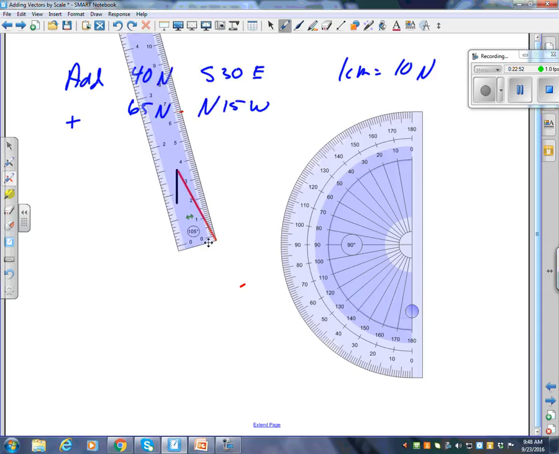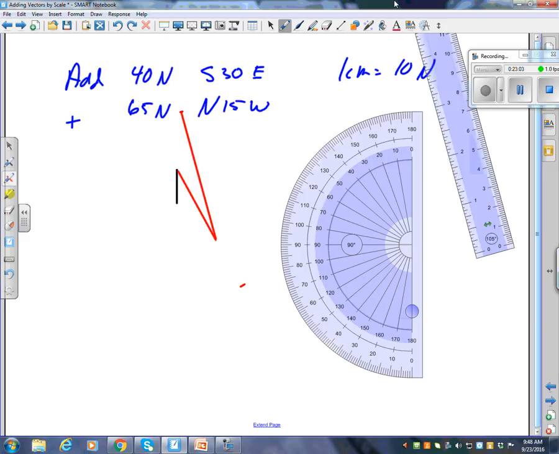From there, and I'm going to go 65, right? 6.5 to there. And where's my resultant from? From where I started to where I end. It's really short and it's almost straight up and down, right? Oh, I didn't put an arrowhead on it.